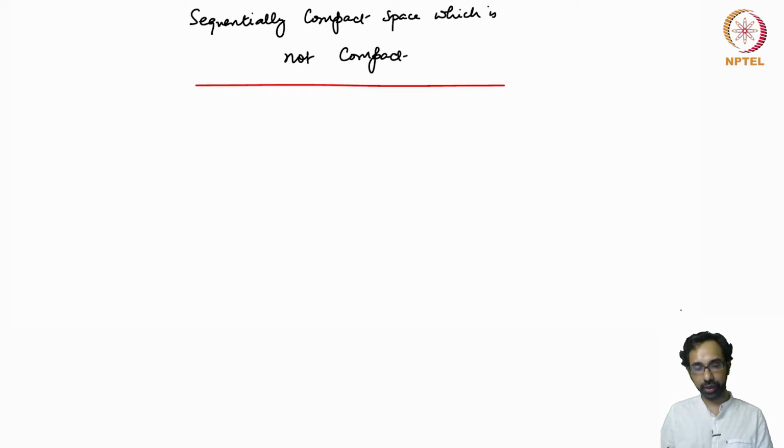We now come to the next example, which is of a sequentially compact space which is not compact, and we will again use the arbitrary Cartesian product construction here.